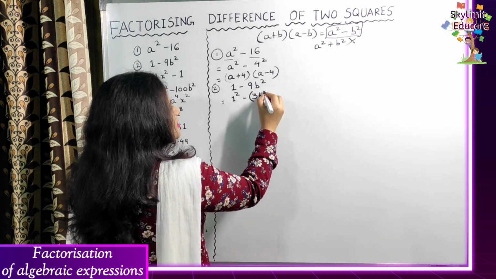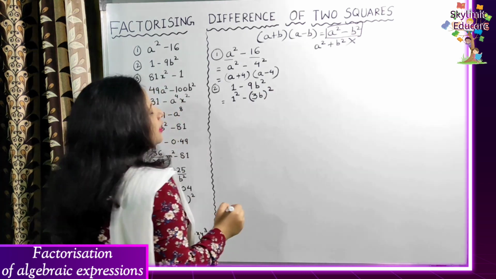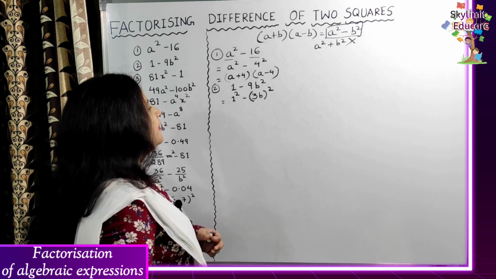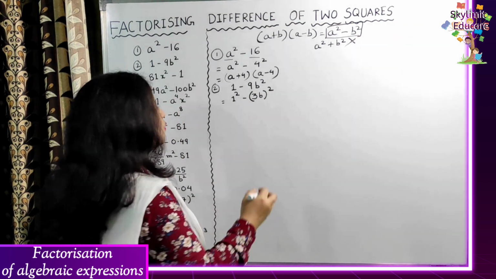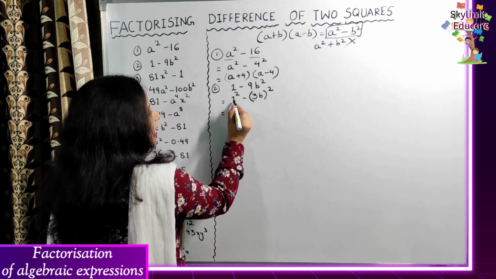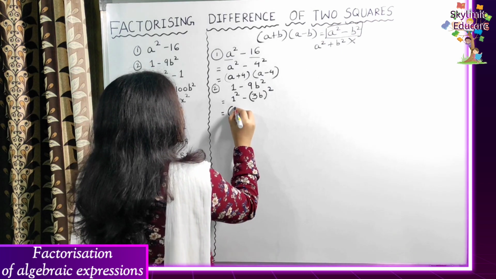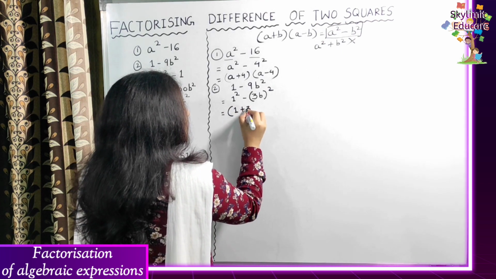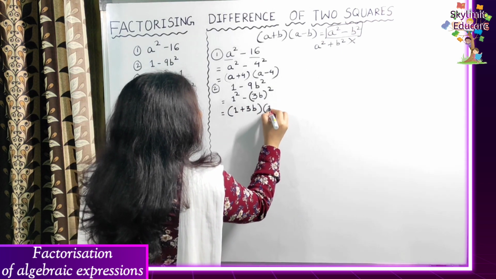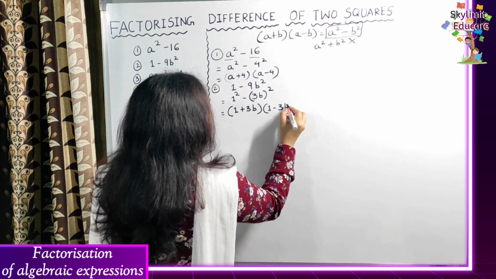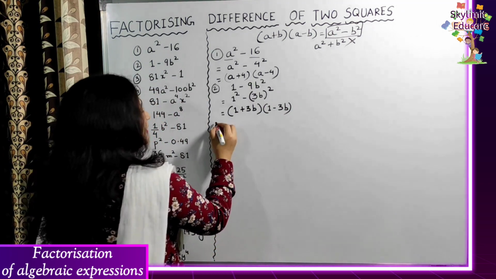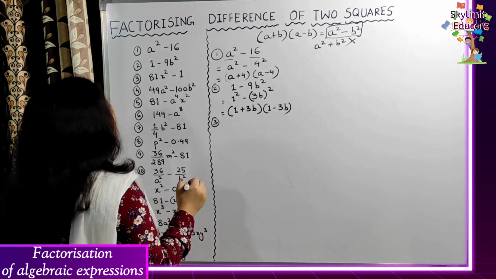So that means it is the square of 3b. If you square 3b, you will get 9b square. So what is a here? a is 1 and b is 3b. So it is 1 plus 3b multiplied by 1 minus 3b. Clear?